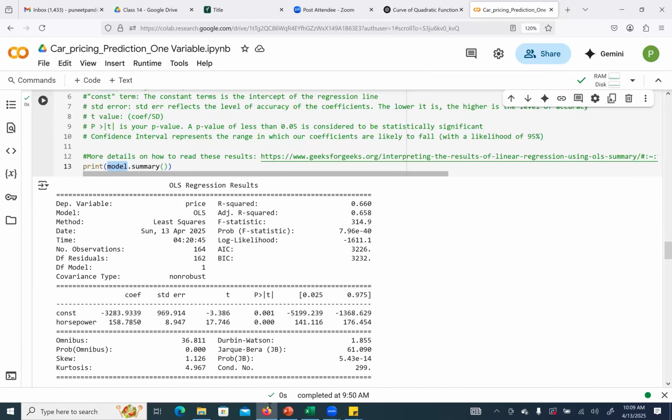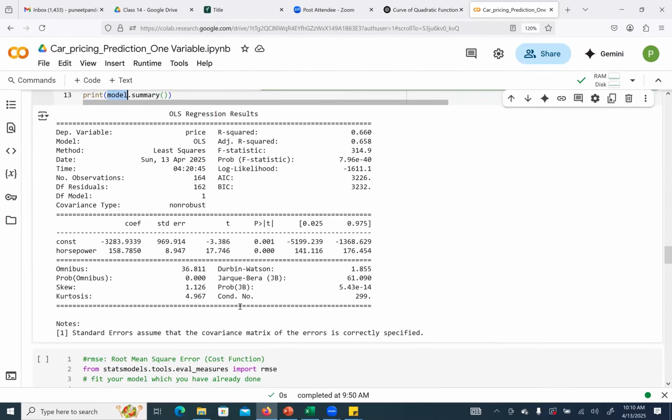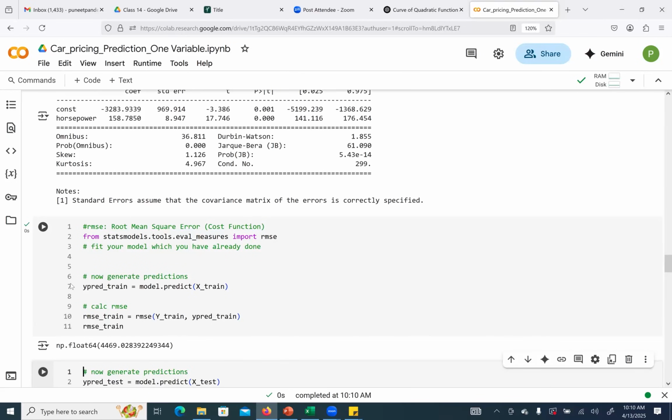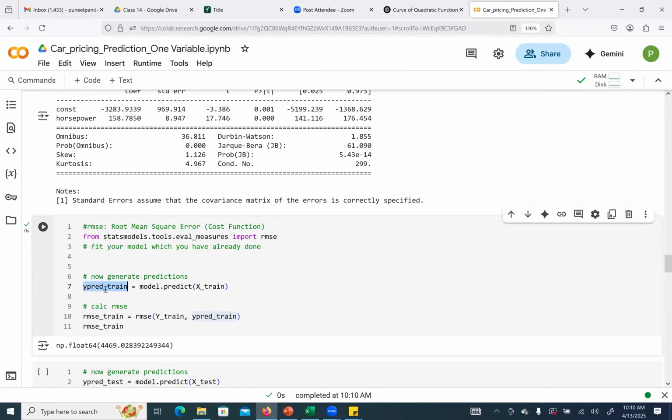Now, what we'll do in the next part is calculate the RMSE value. RMSE is nothing but root mean square error. I'm predicting for the training data set. What does this prediction mean? I have already trained the model and now I'm asking my model the same questions on which I have trained it. Whatever is covered in the class, the same questions are being asked and we are seeing how the model performs on that data set.